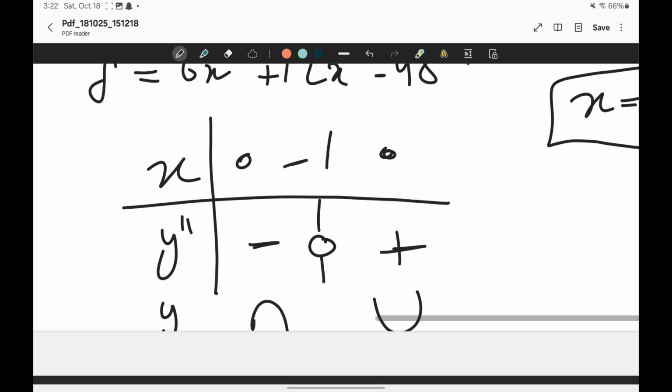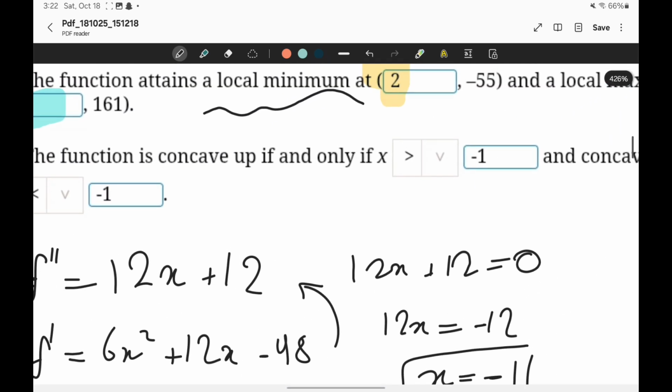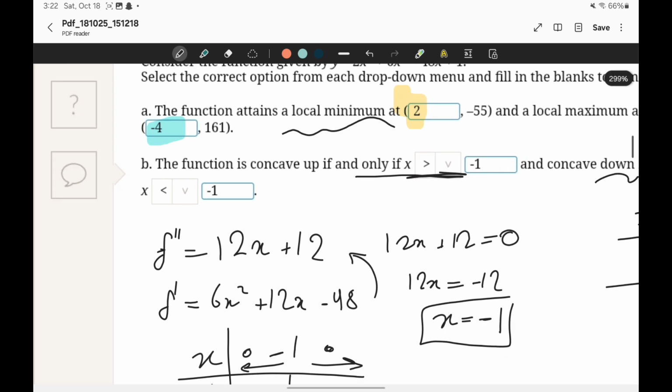It's concave down when x is less than minus 1, and concave up when it's greater. So we just say that it's concave up when x is greater than minus 1, and concave down when x is less.